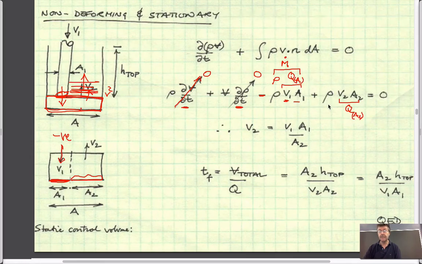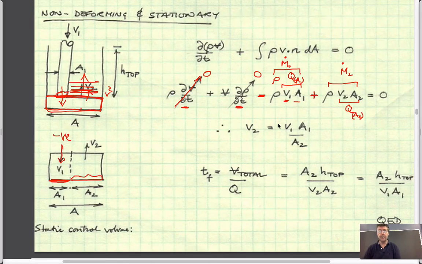And again, this is a density, so this is the mass flow rate here on surface number 2, and this is surface number 1. This is out of the control volume, so by our sign convention, this is positive. This is into the control volume, by our sign convention, it's negative.